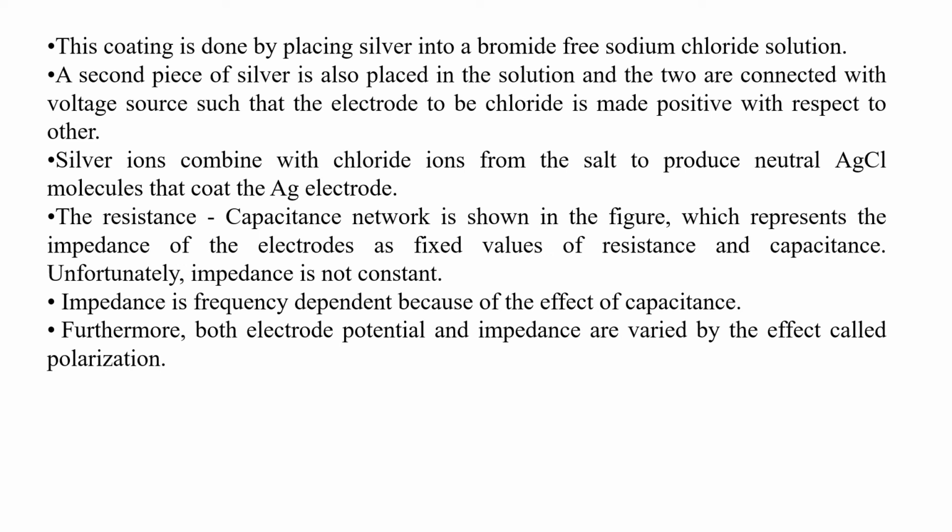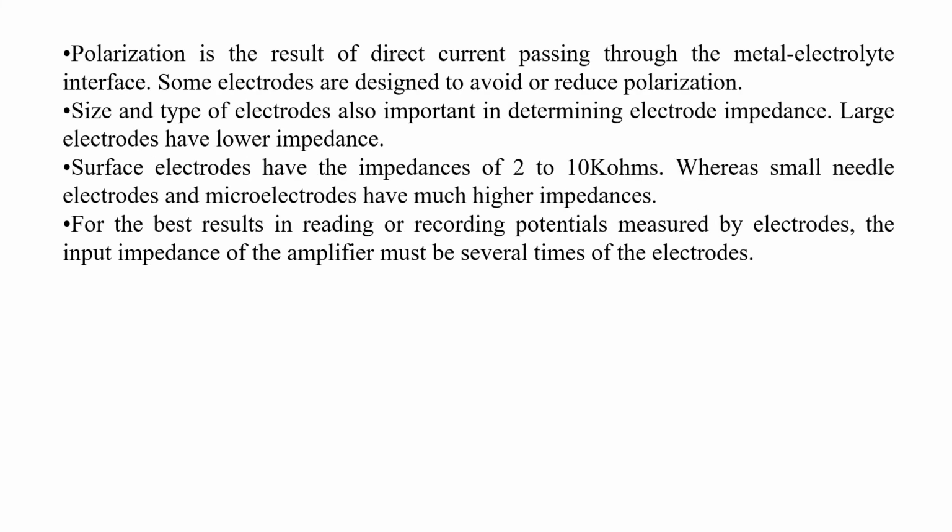Furthermore, both electrode potential and impedance are varied by the effect called polarization. This polarization is a result of direct current passing through the metal electrolyte interface. Some electrodes are designed in order to avoid or reduce the polarization.